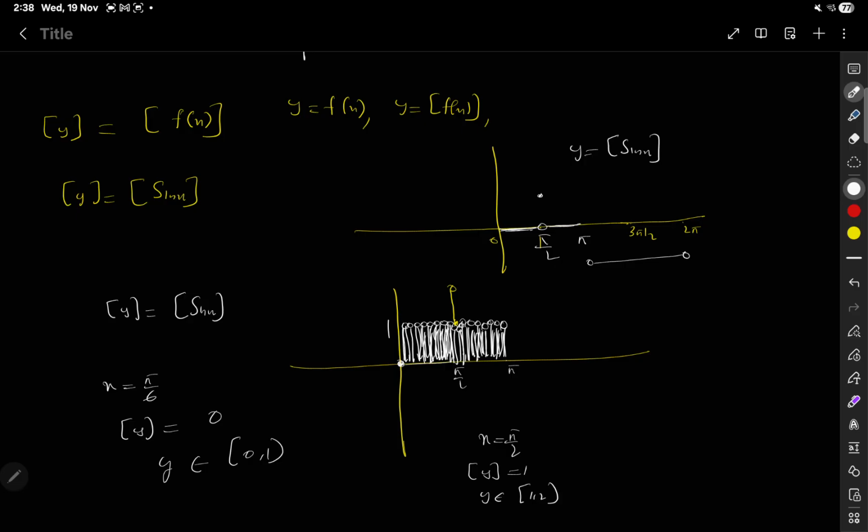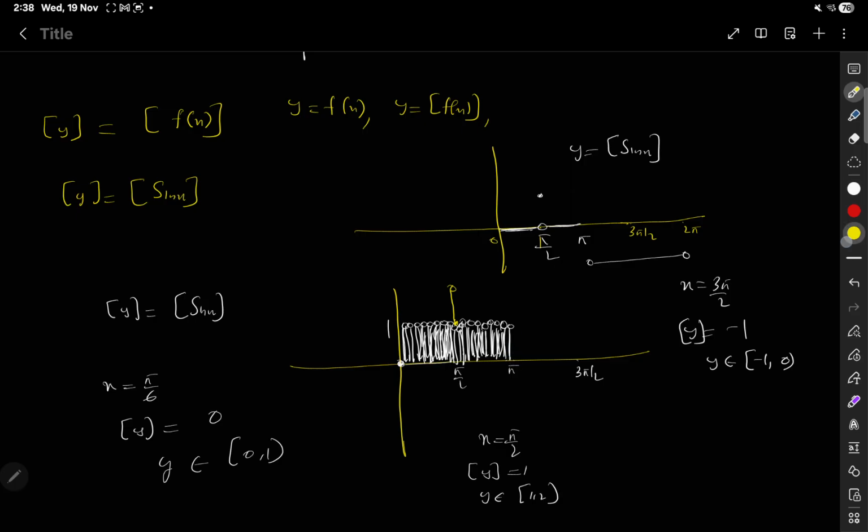Okay. Now what will happen? Pi to 2 pi, pi to 3 pi by 2. Pi to 3 pi by 2, it is minus 1. So you can take a value, 3 pi by 2. When x is 3 pi by 2, what is y? Step y is minus 1. So what is y? y belongs to minus 1 to 0. So how will the graph be? Graph will be like this. Below it will come. At pi it will be 0, correct only.